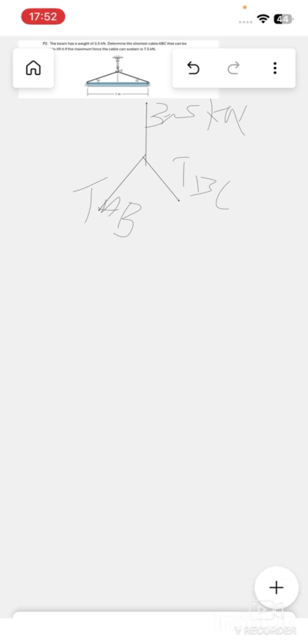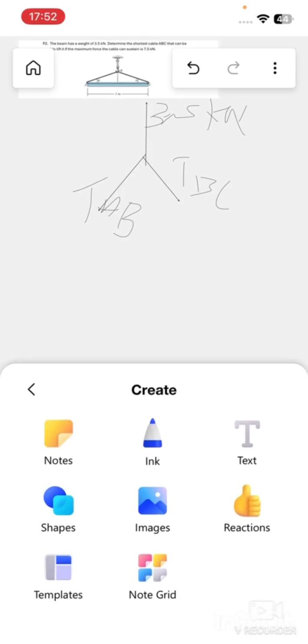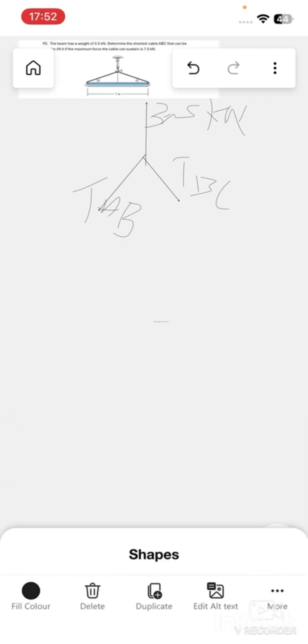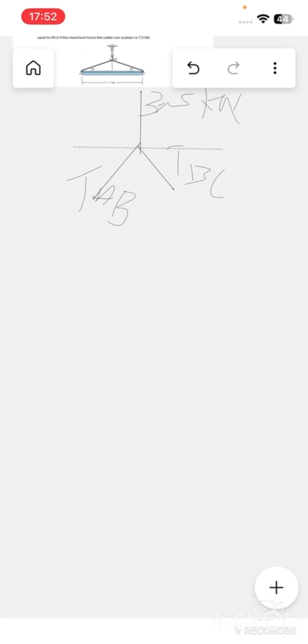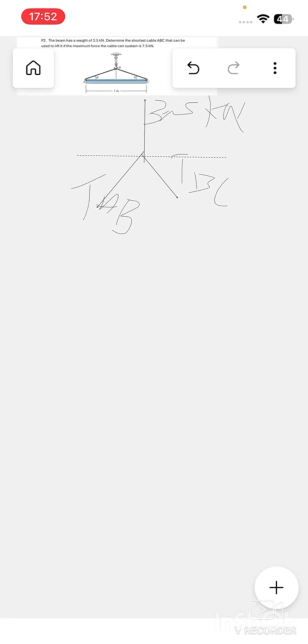And we're going to have the component forces. We're going to put them here. I think it's okay like this. And I have the component forces.